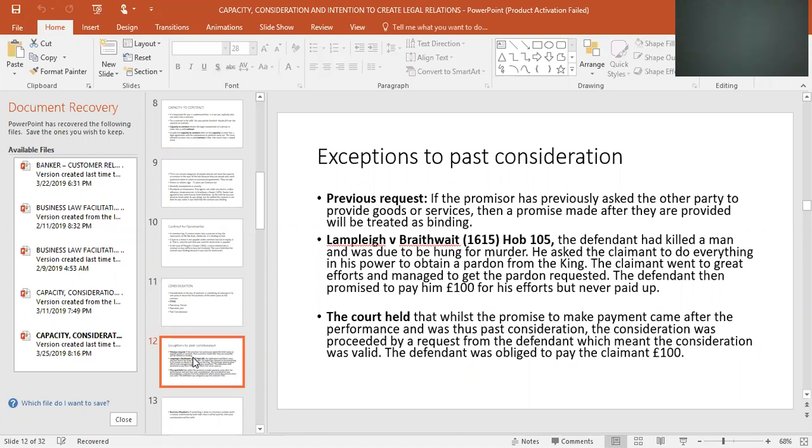But this one, the lift came before the promise came. And when that happens, it is no consideration. In law, we call that past consideration.